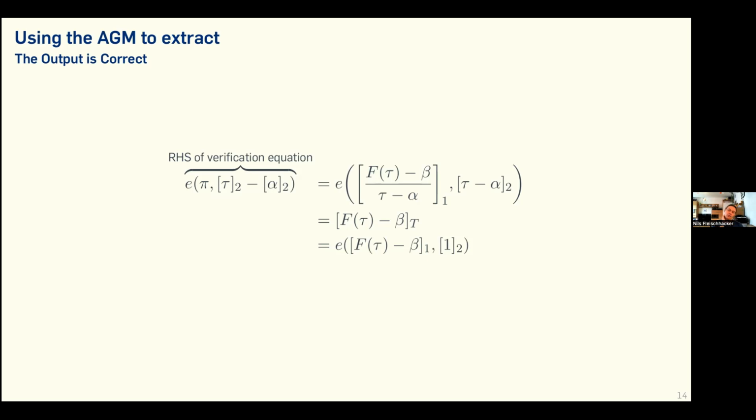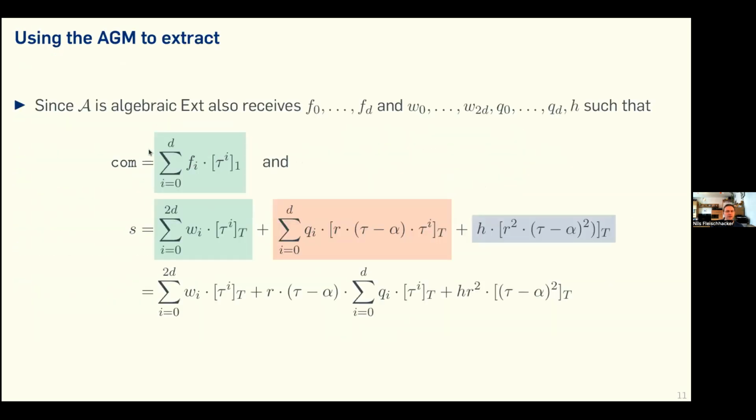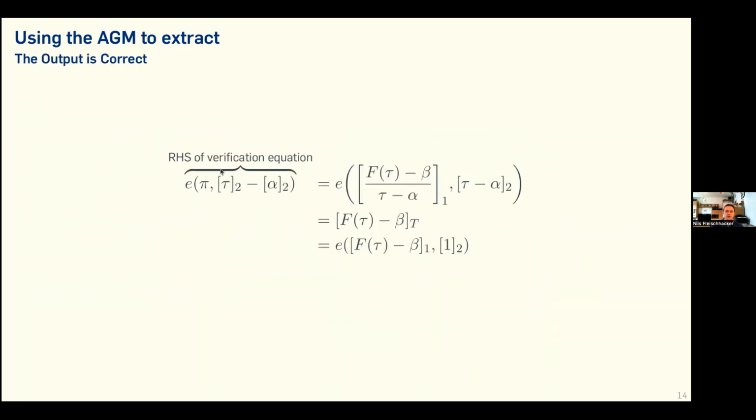And now we can look at, so what is f of tau? Well, if we look back to what f basically is, f is basically this. And if we evaluate it at position tau, what we end up with is simply the commitment. So we can plug that in, and what we have then is just the left-hand side of the verification equation.